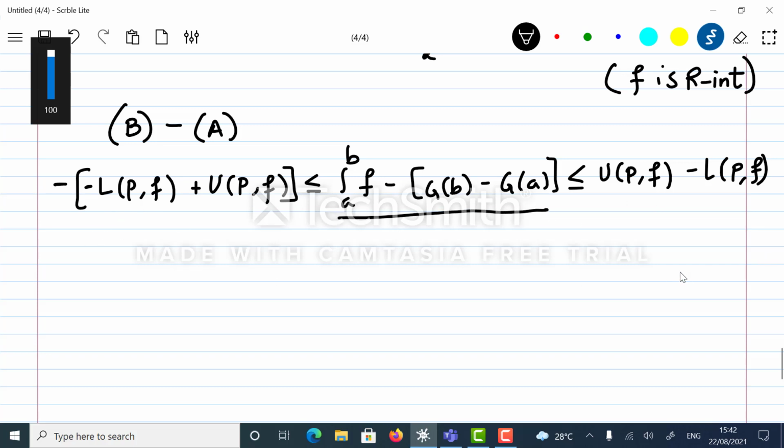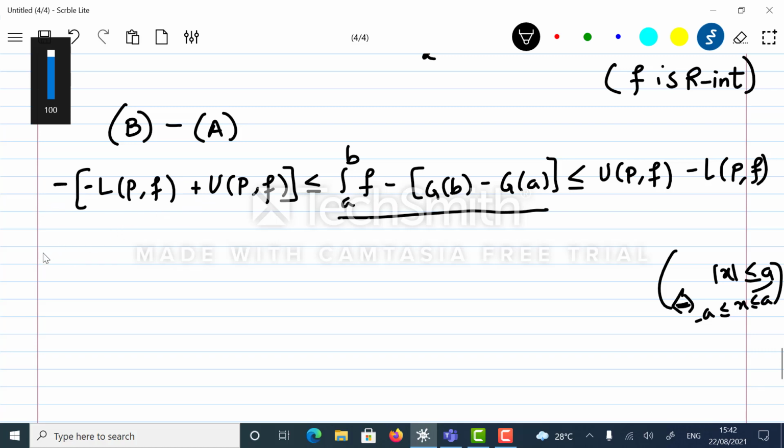Like we had one of the rules: mod x is less than or equal to a if and only if x lies between minus a and plus a. So you can see that this number lies between minus and plus of UPF minus LPF.